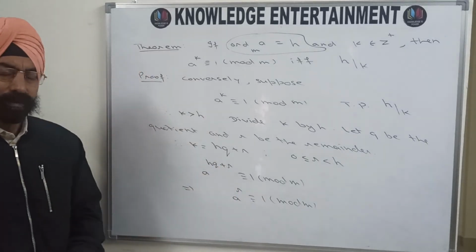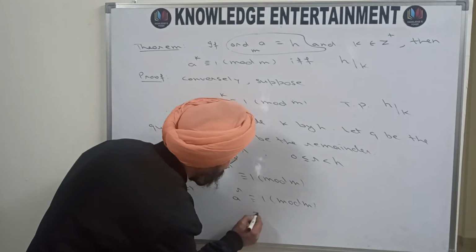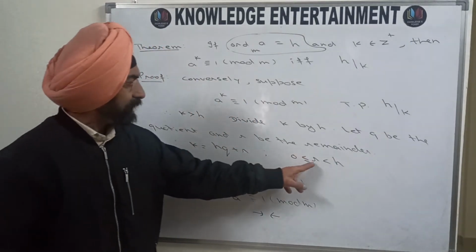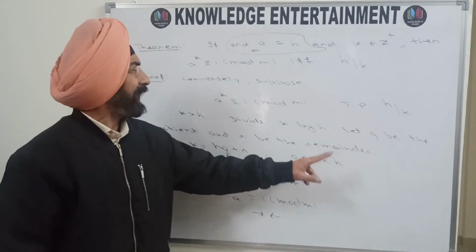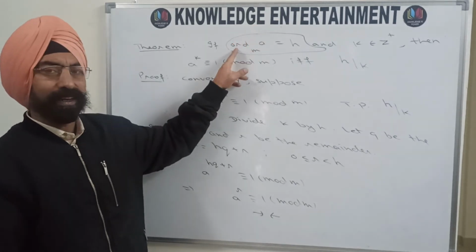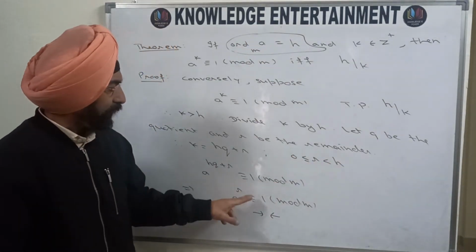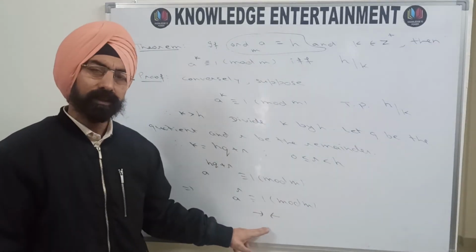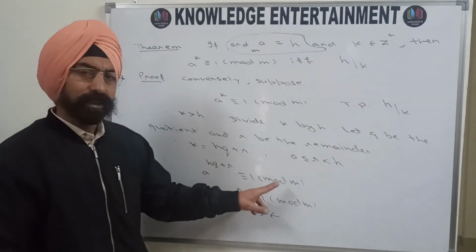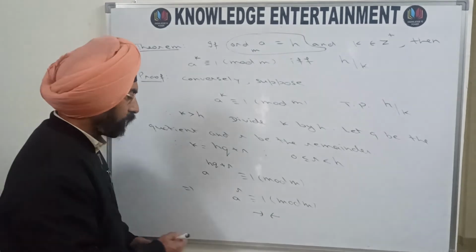So a power r is congruent to 1 modulo m, and this is a contradiction. Why? Because r is strictly less than h, and h is the smallest positive integer such that a raised to the power h is congruent to 1 modulo m. Since r is less than h, a power r cannot be congruent to 1 modulo m. This is a contradiction, which means this is not possible. This is possible if and only if r is 0.